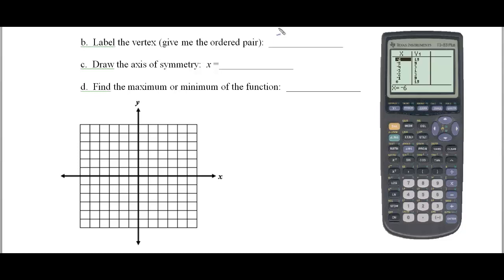So it says here, label the vertex, give it to me as an ordered pair, and this would be the vertex right here. So let's graph this at -3, 1. The next 2 points are -2, -4 at 3. And then we have, let's see, -2 and -5 at 9.